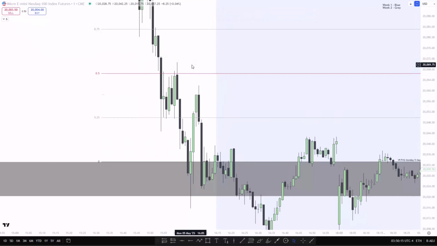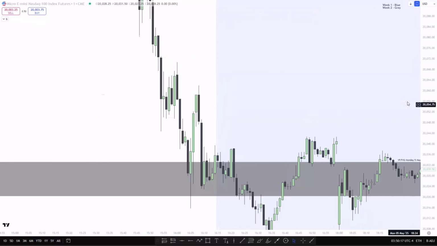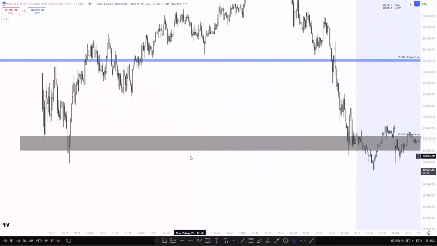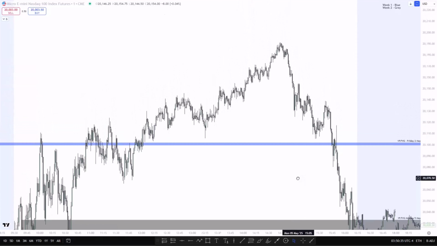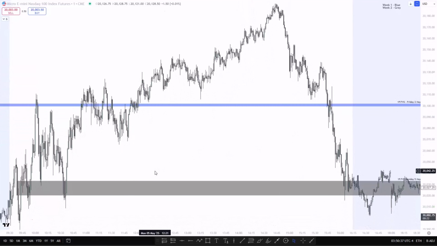Let me find more examples for you. What is very important, guys, when you're doing that? Look for relative equal lows or relative equal highs which formed around the fair value gap that you're trading towards.